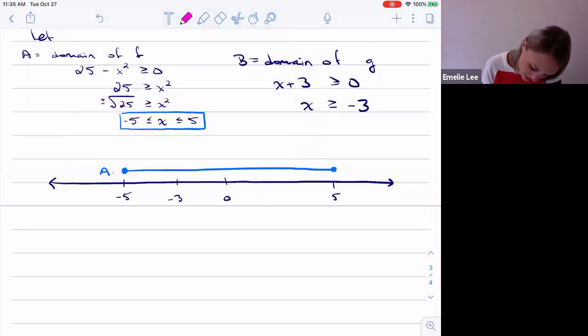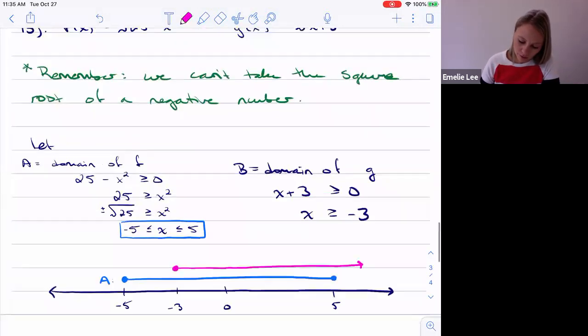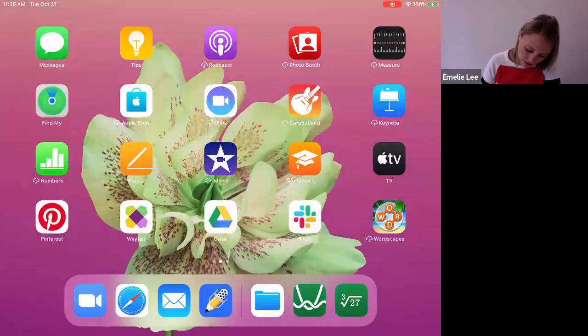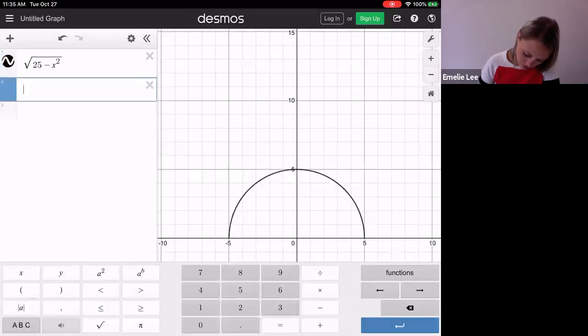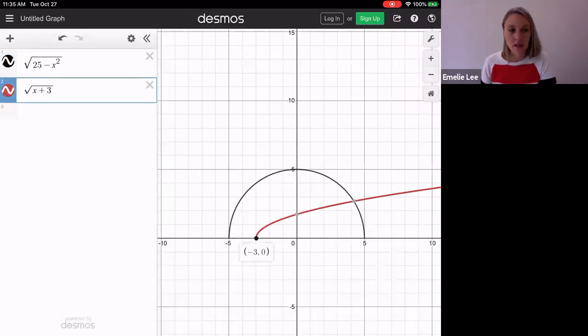So here at -3, I've got a closed dot because it can be equal to -3, and then it just keeps going and going, which we can confirm if we do the root of x plus 3 in Desmos, if we can even put them on the same graph here. The root of x plus 3 starts here at x equals -3, and then all the values greater than -3.